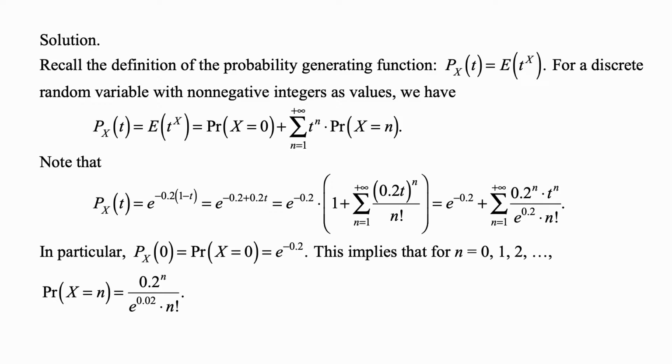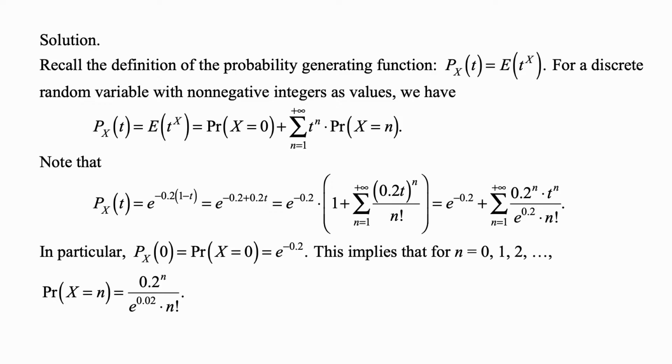But that's not really how we end up interpreting this, because when t is 0, this function ends up being equal to the probability that X is 0. So we can write this, for non-negative integers as values, as the probability that X is 0 plus the sum from n equal 1 to plus infinity of t to the n times the probability that X is n.